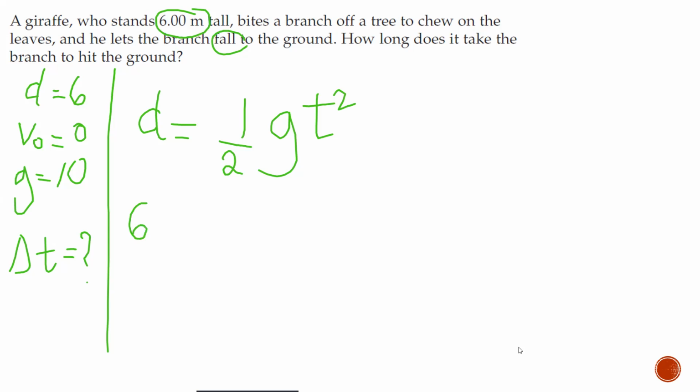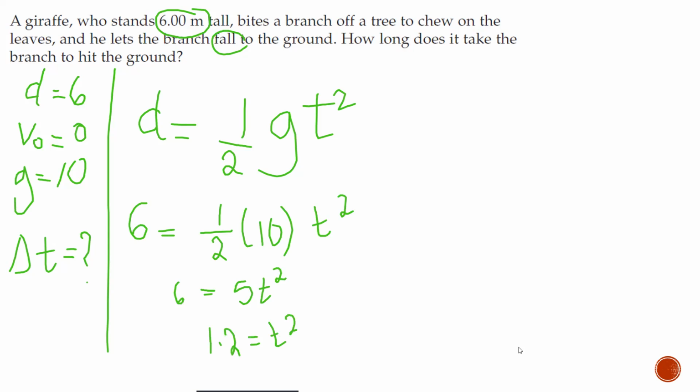It is 6. Half times 10 times T squared. Then 5T squared is equal to 6. So 6 over 5, which is 1.2, equal T squared. So the time is the square root of 1.2, which is 1.1.